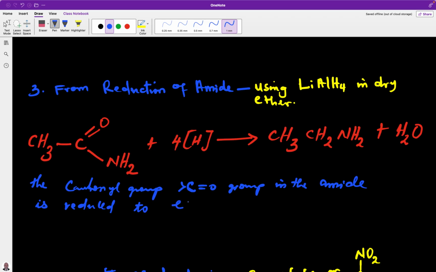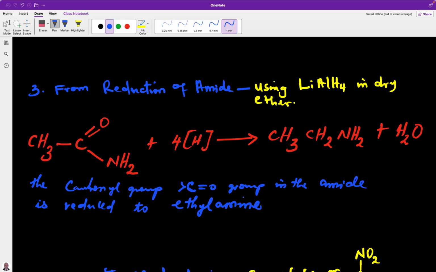This is ethylamine here. There are 2 carbons there. That is how you can do that. That is a very simple way of doing it.